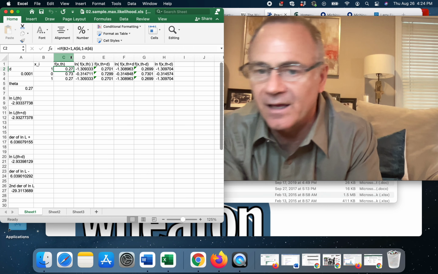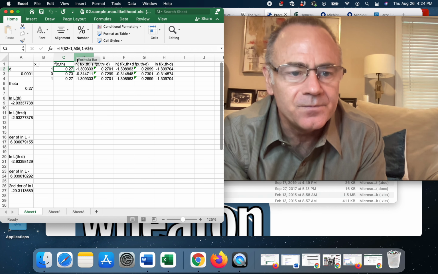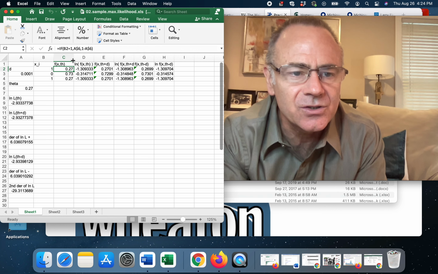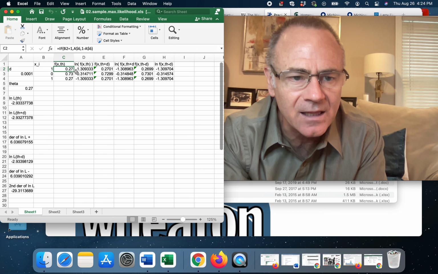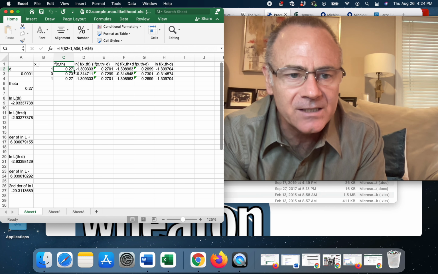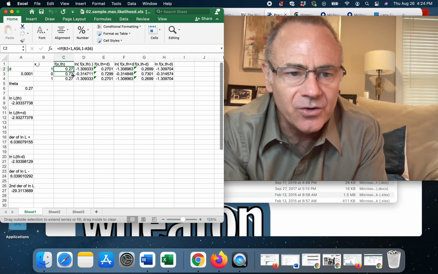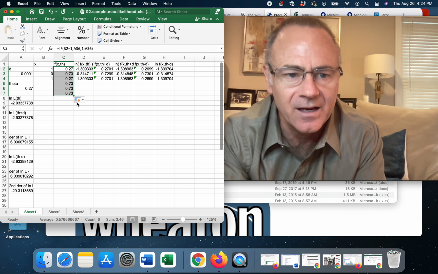By the way, a little hint for doing an Excel spreadsheet. If you start copying, there's this function. Notice that little square at the bottom of the cell. You can use that to copy down to other cells. Notice I've done that.